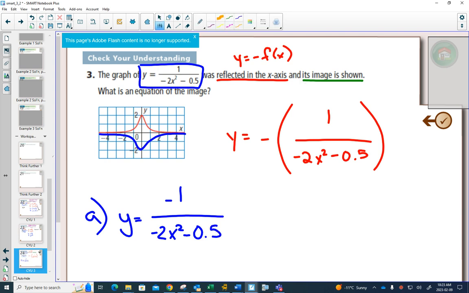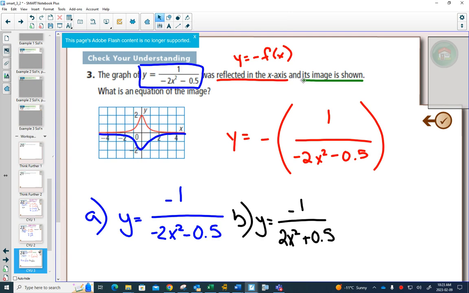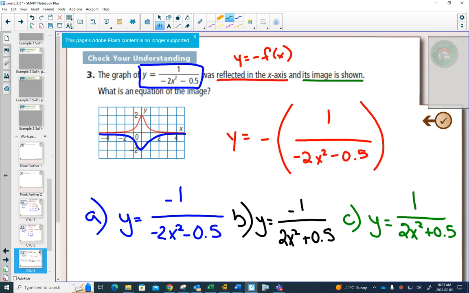Option B, black, they write this as negative 1 over positive 2x squared plus 0.5. And option C, in green, they write this as y equals 1 over 2x squared plus 0.5.